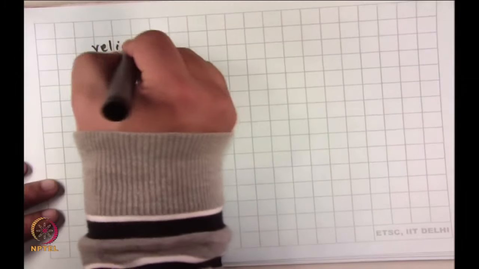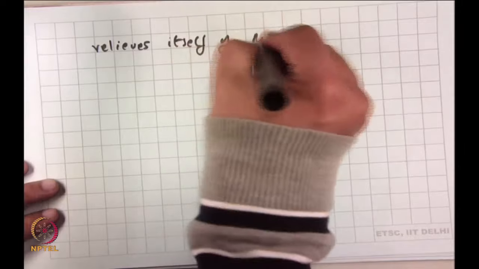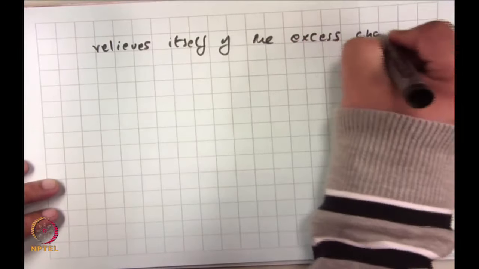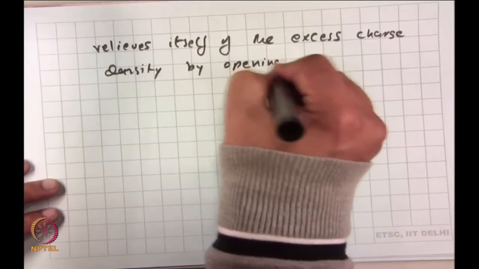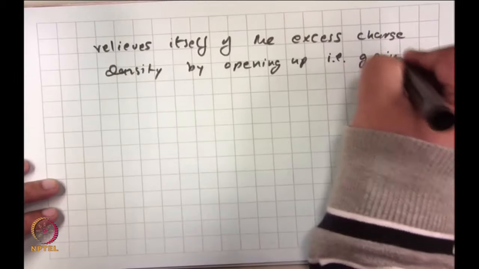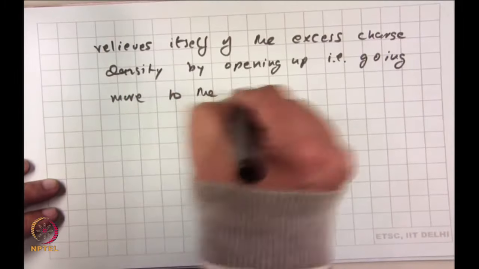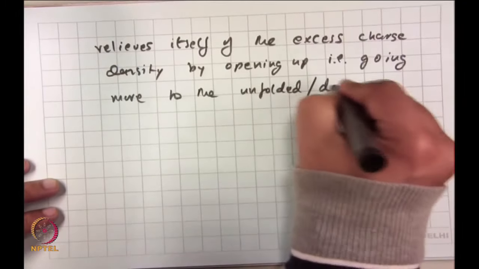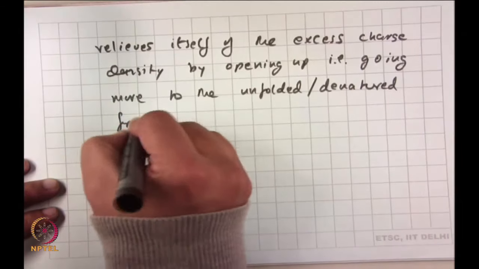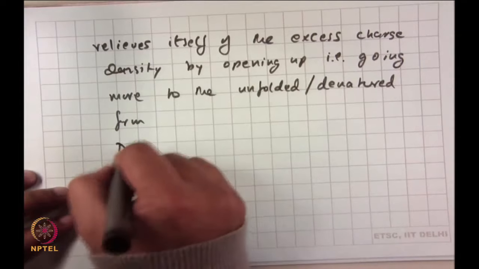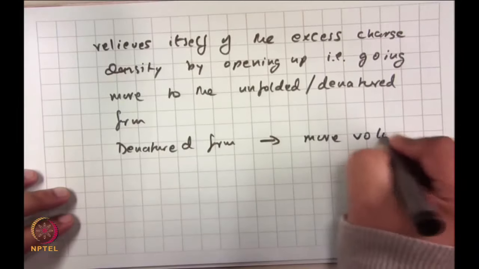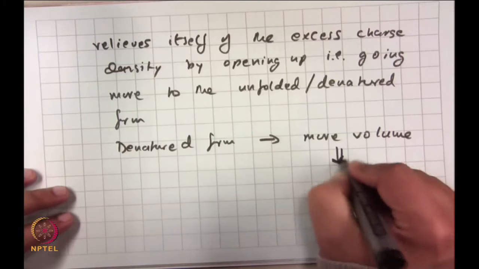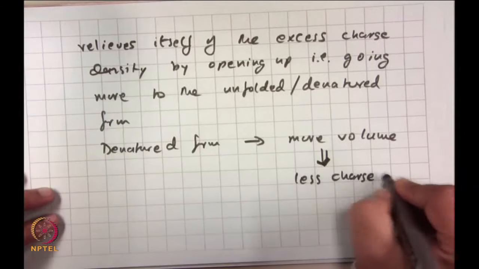In return, what it does is relieves itself of the excess charge density by opening up, that is going more to the unfolded or denatured form, and the denatured form has more volume, hence it leads to less charge density.